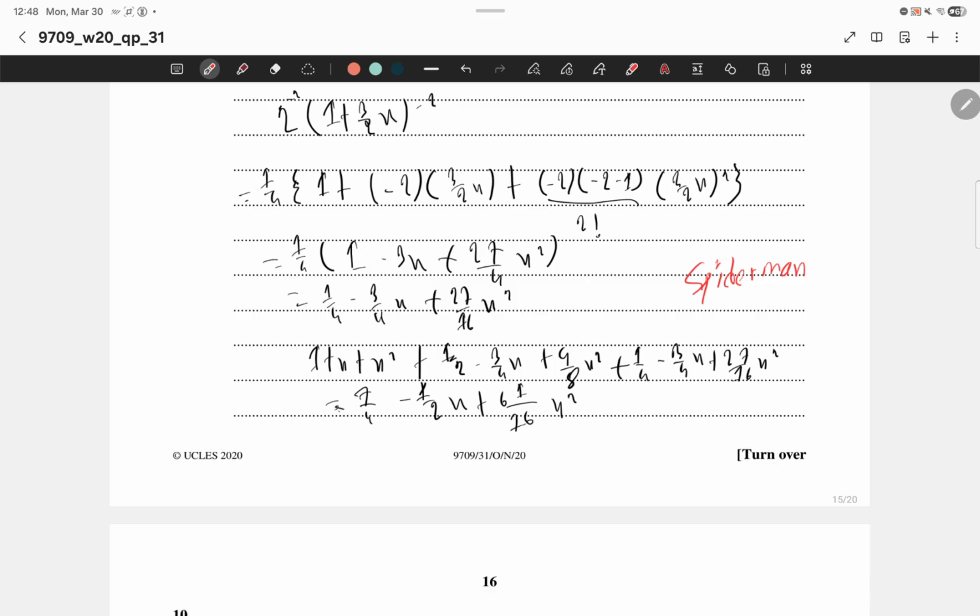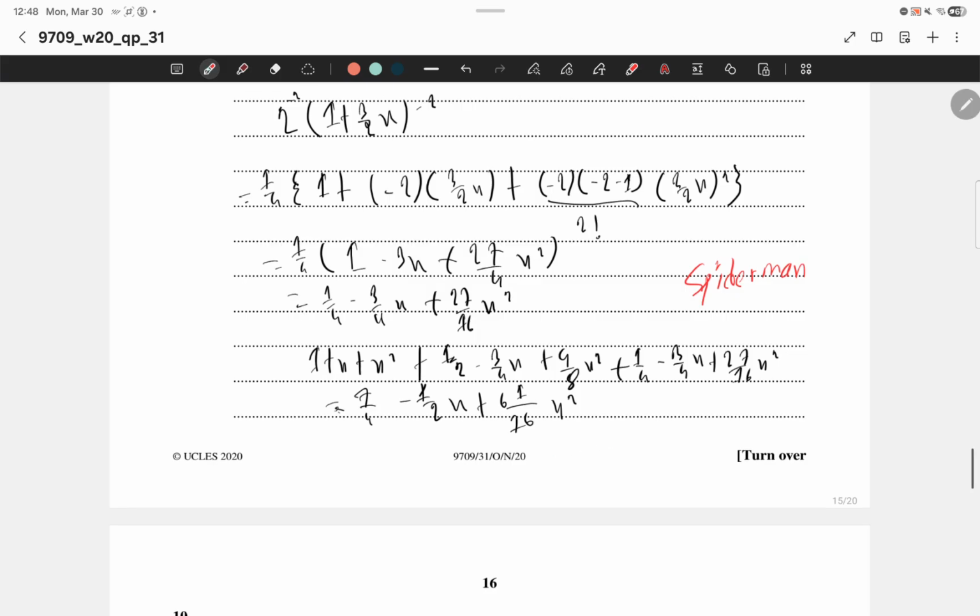Okay, so I'm not sure where I made a mistake, but this is the answer I'm getting, but the mark scheme says something else. It says 2 minus 11 by 4x plus 10x square, which I'm not sure how it is.